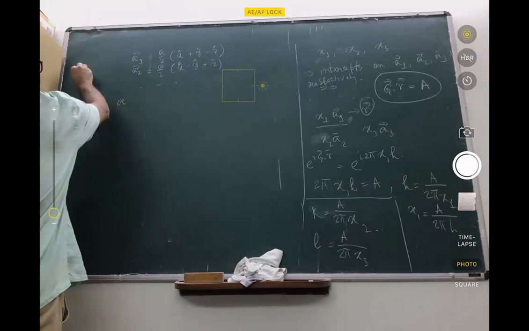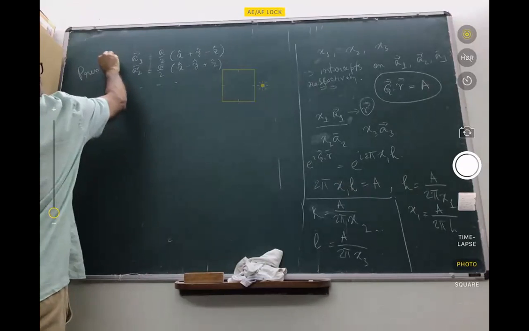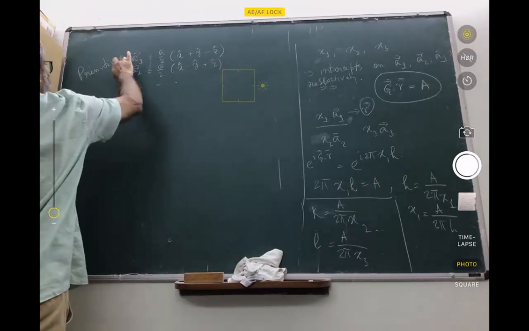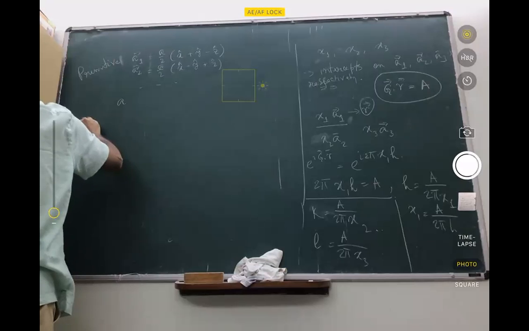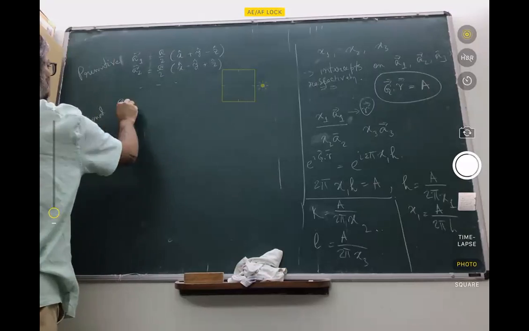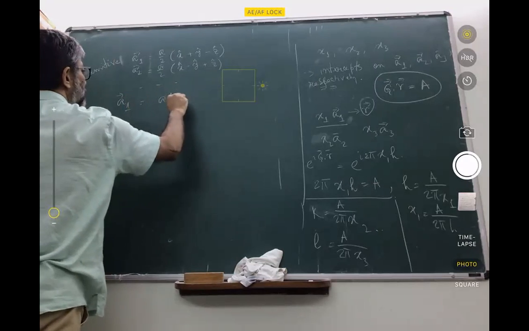So this is the primitive cell. These are the primitive lattice vectors. The conventional cubic cell would be this.